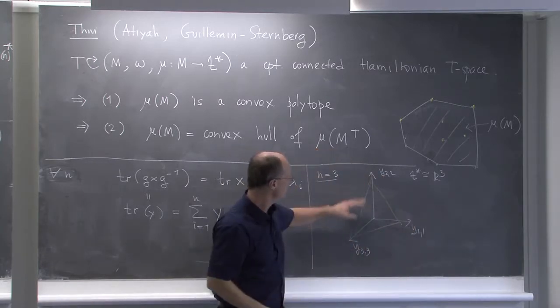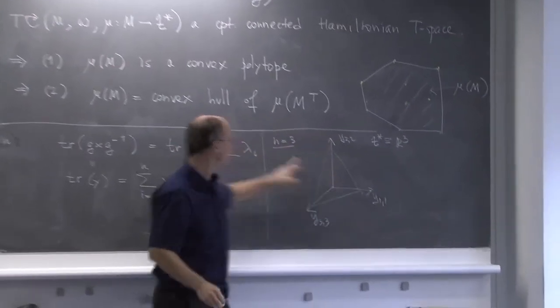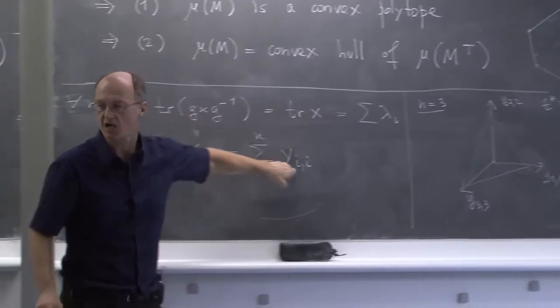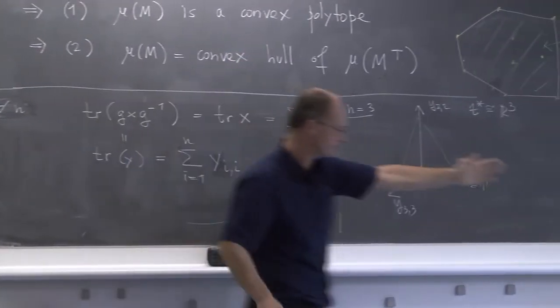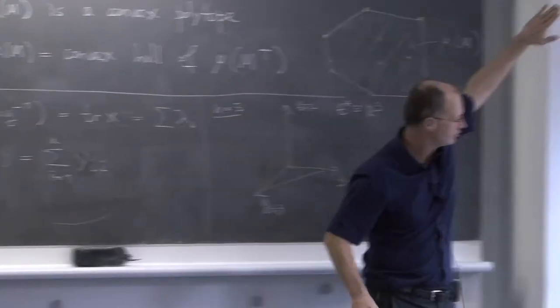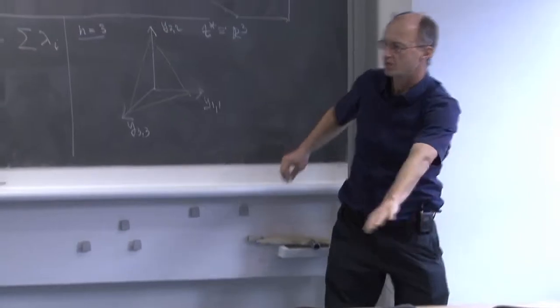Here I draw this section of the positive quadrant by a hyperplane. The sum of coordinates is equal to a constant. So you can imagine that we have such a corner in R3, and there will be a hyperplane going roughly like that.